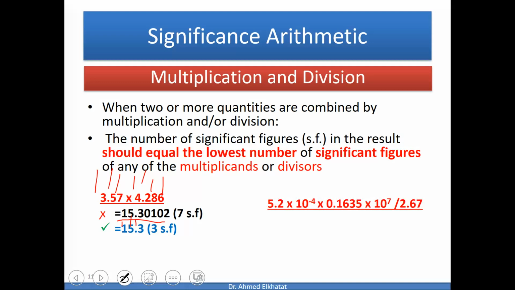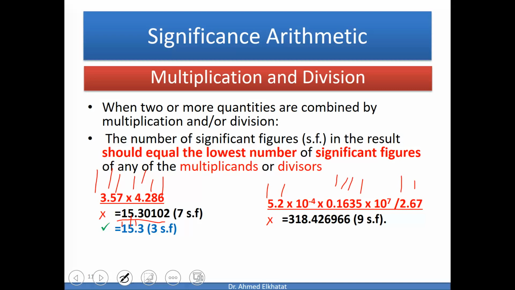Let's take a more complicated example. So how many numbers do I have here? I have 2 significant figures. Here I have 1, 2, 3, 4 significant figures. Here I have 3 significant figures. So the result should be only 2 significant figures. So when you do the calculation on your calculator, you will have this value.